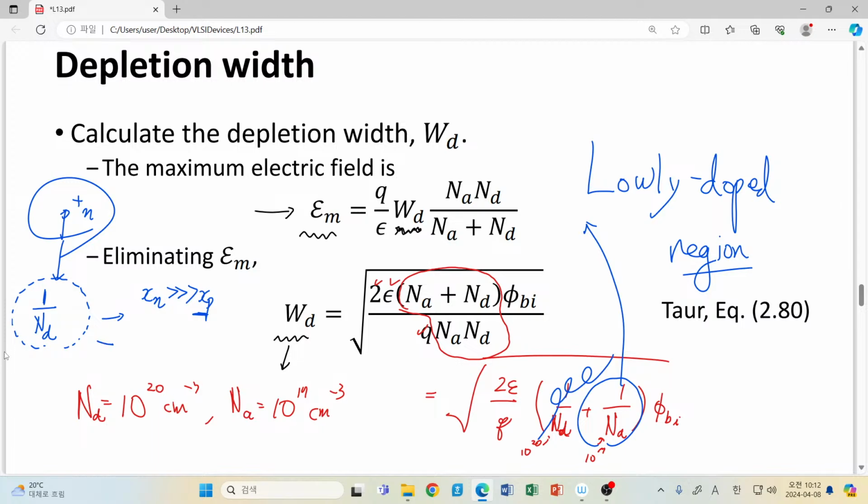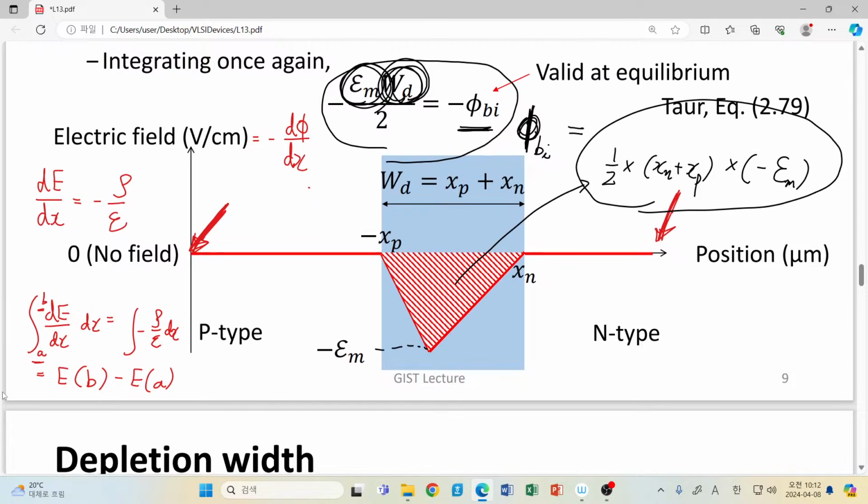In this case, what is the potential difference applied to your P-type region and N-type region? Even in this case, most of our built-in potential is applied to your N-type region. Let me come back to this one. To give you some understanding, I have drawn the balanced p-n junction.